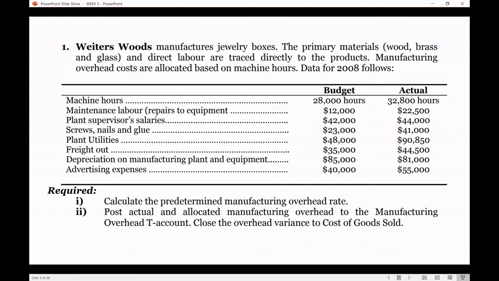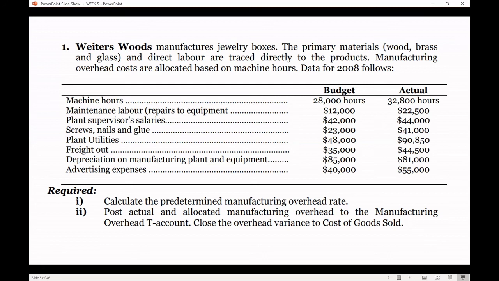So what we're going to be doing is drawing up our T account for manufacturing overhead and posting the actual cost. Remember, actual cost is known at the end of production. And here we have two columns, budgeted and actual, right? And then it says to close the overhead variance to the cost of goods sold.